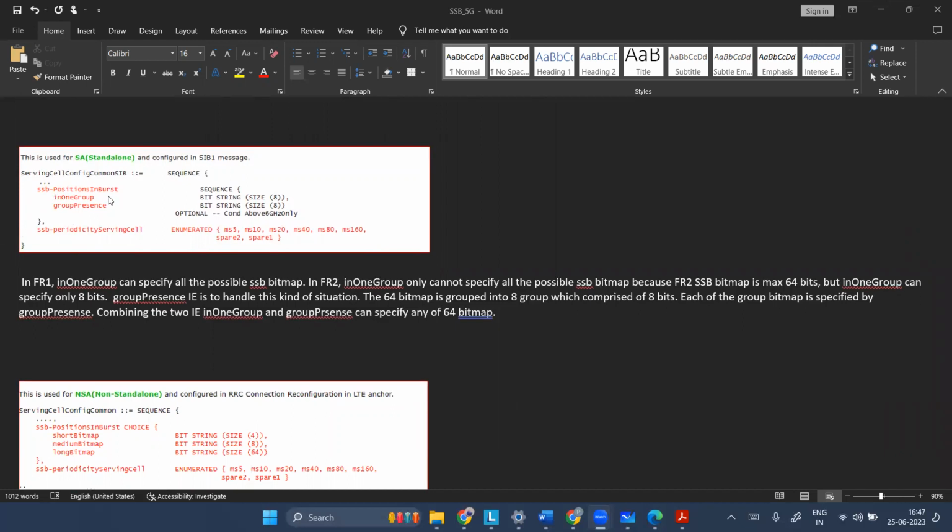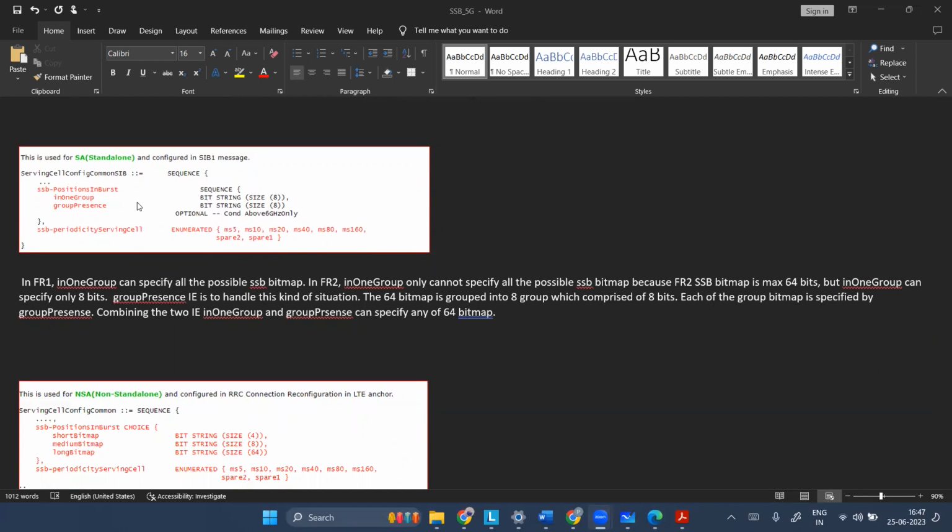And we have two information elements. The first one is in one group and the second one is group presence. In one group has a bit string size of 8 and group presence has a bit size of 8. Now your question might be how it is showing 64.